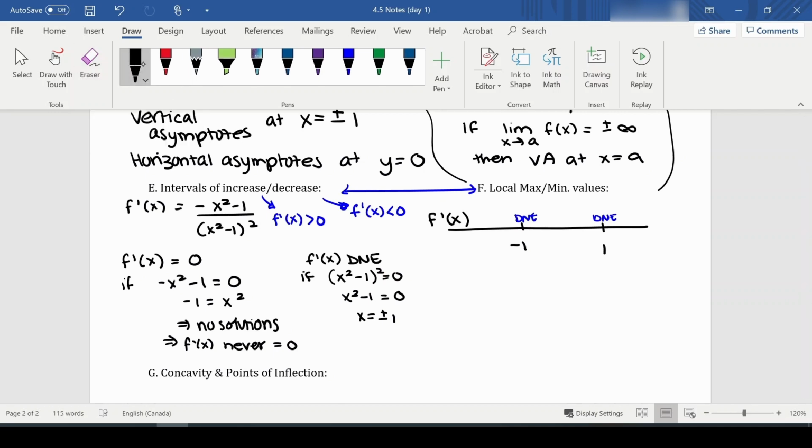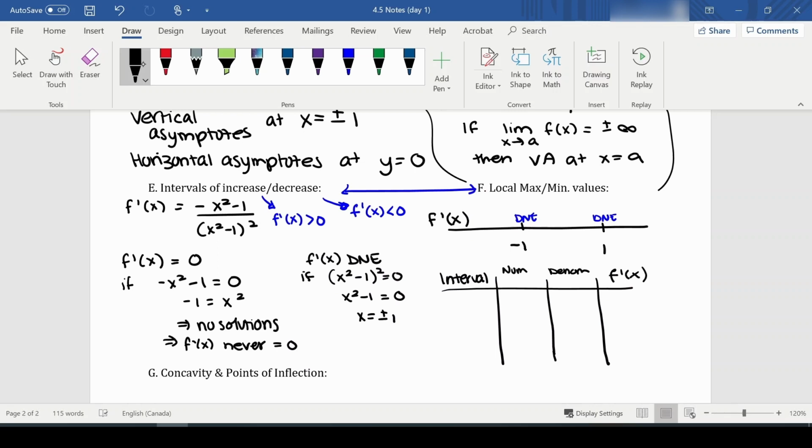So what I'm going to do is test some values. I'm going to test something where x is less than -1, something like -2. Some people find it handy to make themselves a little chart because f prime is so gross. Some people find it helpful to do interval, then the numerator, denominator, and therefore all of f prime.